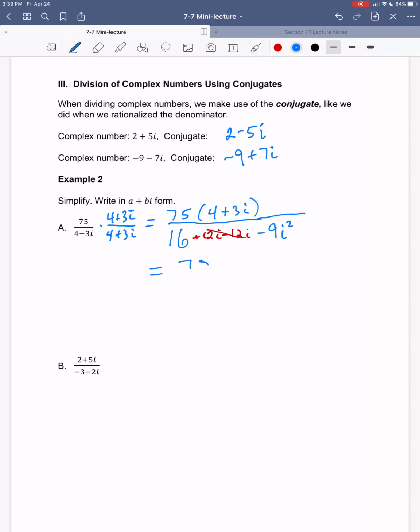So I get 75 times 4 plus 3i over 16 minus 9, times negative 1.